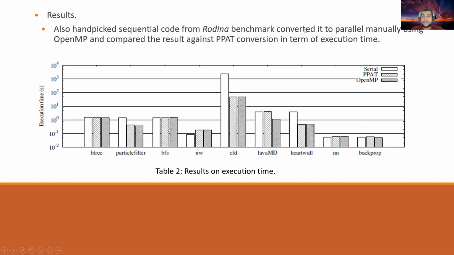And remember that this OpenMP execution has been done manually. The PPAT execution is done by the tool itself, and it's being compared to manually refactoring the code, which is a lot more effort and a lot more time spent by the developer. The tool is doing it automatically. In most cases, it is almost equal to the OpenMP manual conversion, which is a great result.